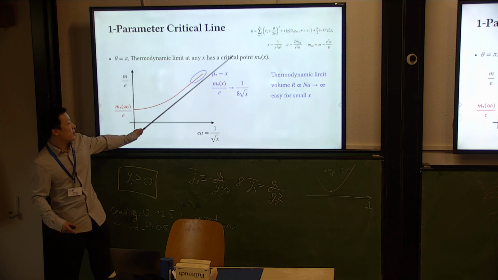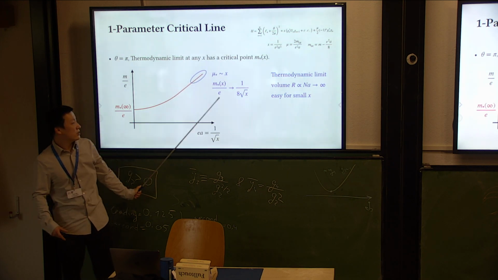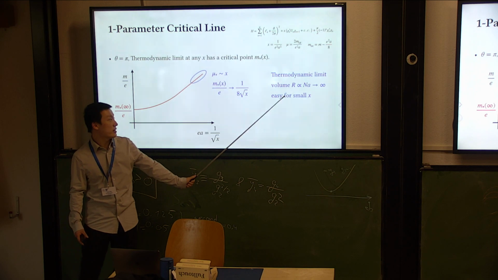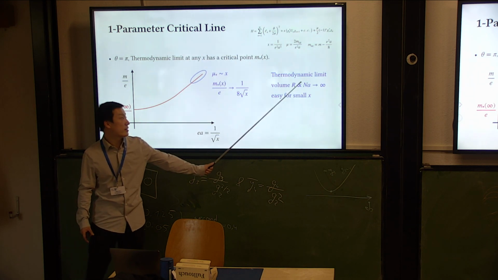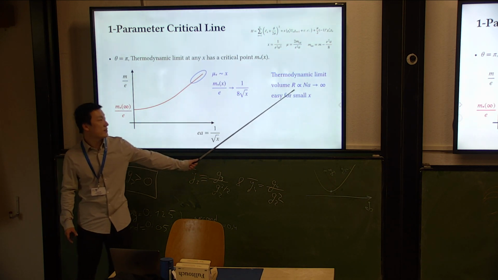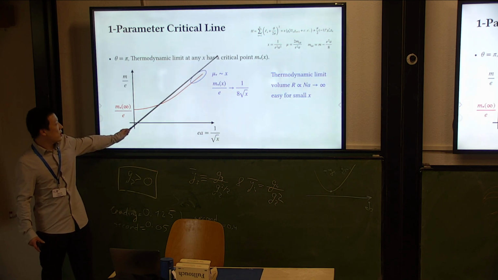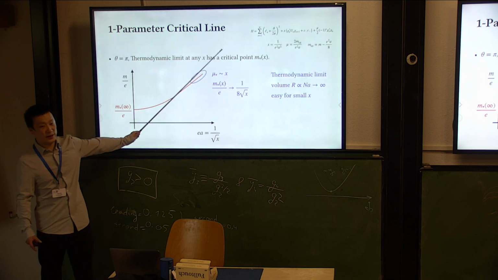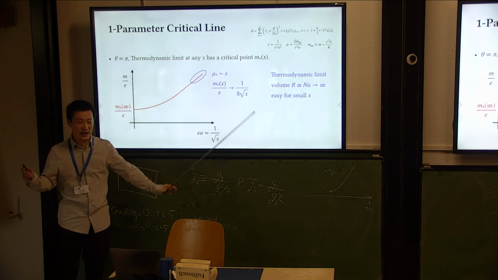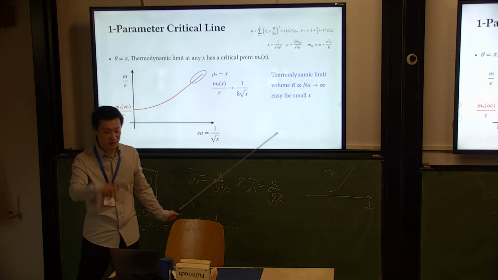The strong coupling limit is actually easier to study because we reach the thermodynamic limit faster, because A is very large. So the slope can be measured quite accurately. I don't think there's any doubt that it should go this way.